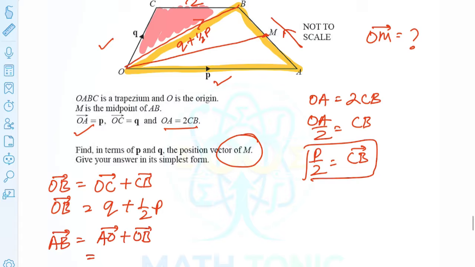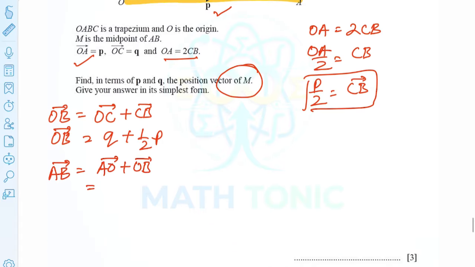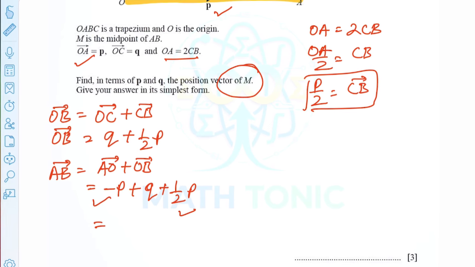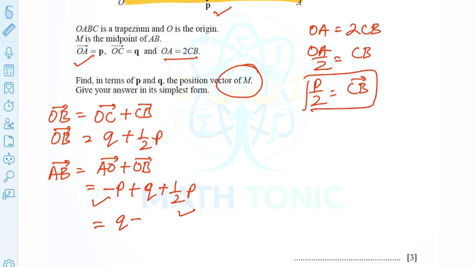Got it? AO vector is given as minus P because it is in the opposite direction. OB we already got: Q plus half P. Simplify the like terms, and this is Q minus half of P. This is the AB vector. Got it?